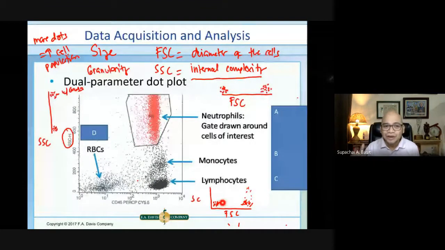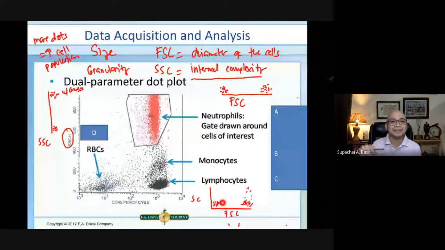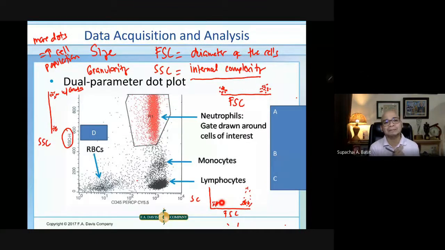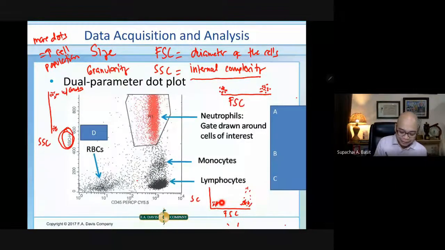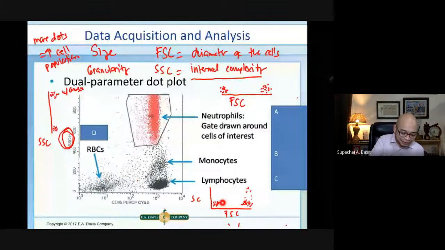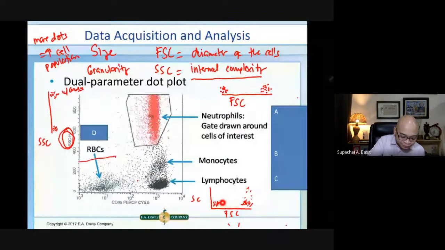Now, let's talk about the dual parameter dot plot. So this is what you call the dual parameter dot plot. Why did we say dual parameter? Because here we have the SSC and here we have the FSC. Now take a look at RBCs. RBCs do not have granules. So that's the reason why at the SSC, it is more at the lower portion.